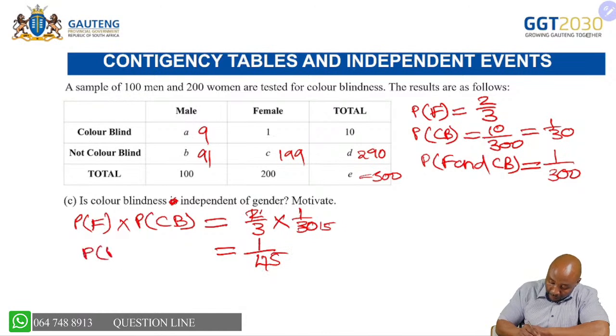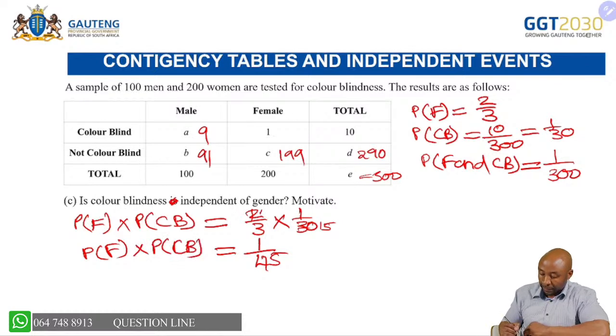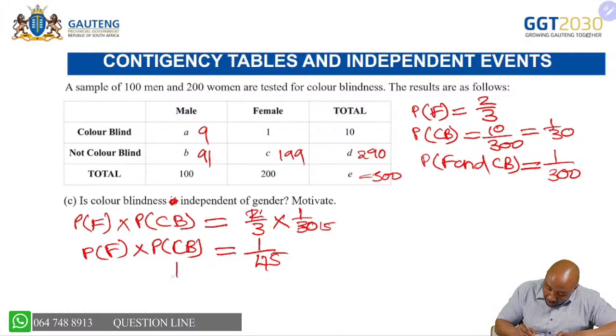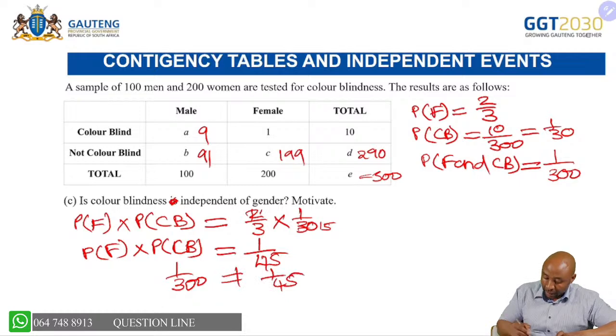That's the probability of being female multiplied by the probability of being colorblind. So it's 1/45. The probability of being female and colorblind, it's 1/300. So we are able to see that 1/300 is not equal to 1/45. So therefore, we say they are not independent.